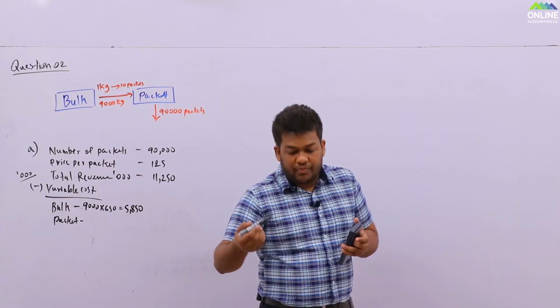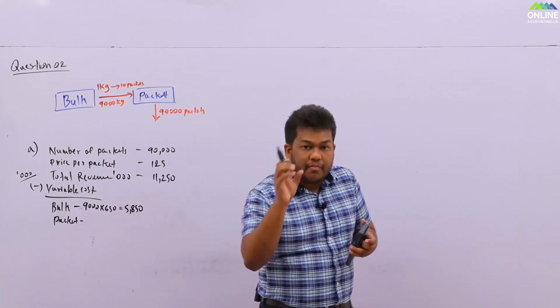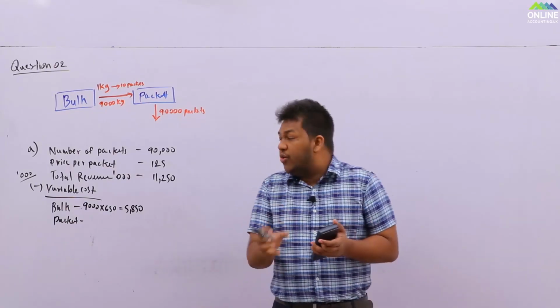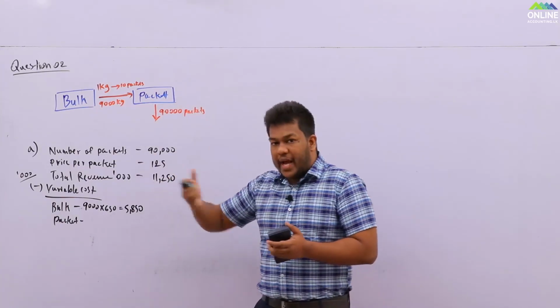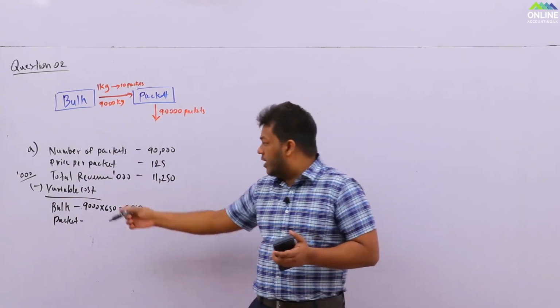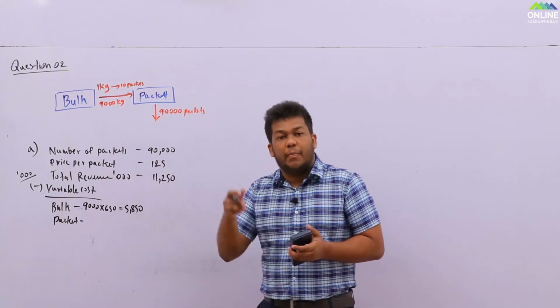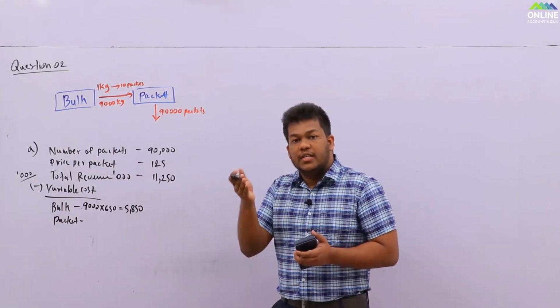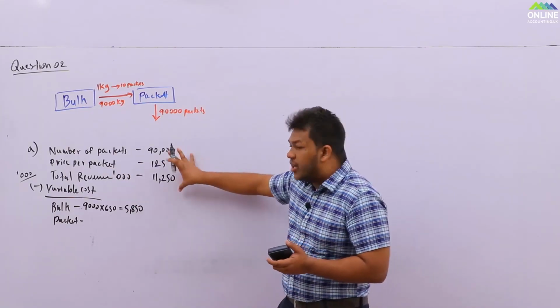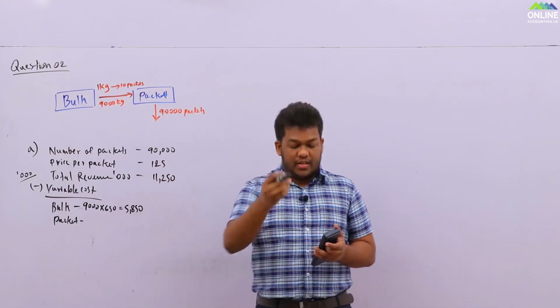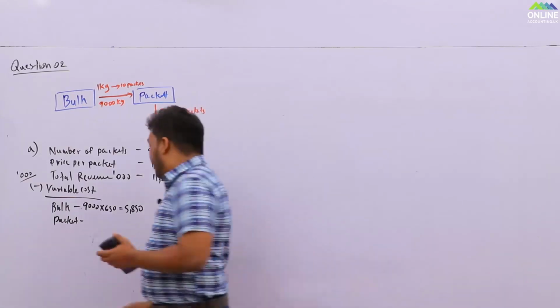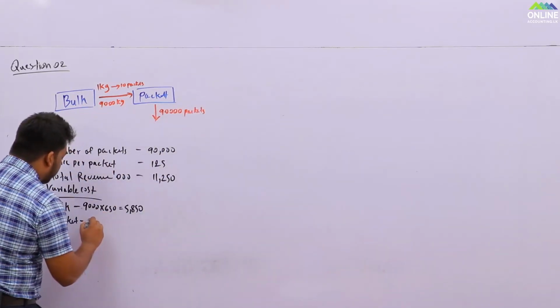And packet division variable cost, this is flavored, because for the flavoring the variable cost is 25. But as a whole, for the packet division the total variable cost should be the charge from the bulk division, which is 650, plus 25, 675. But for the total company, now we have considered the 650, so we have to consider the remaining 25. So 25 per packet.